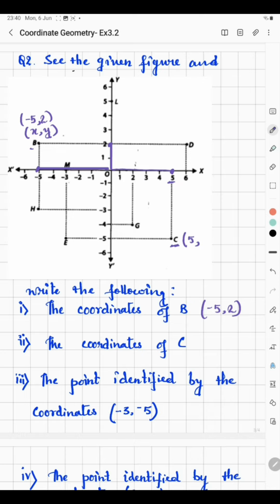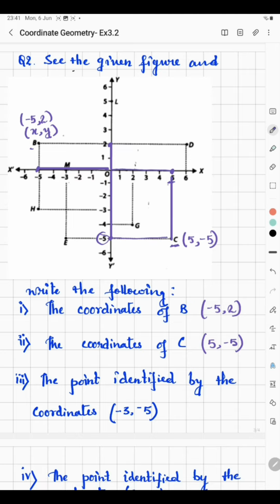Now we will see the value of y, so we'll go towards the y-axis. Here is -5 because this line and this line meet at point C. So at first we take the value of x, which is 5, and -5 is the value of the ordinate, or we can say the value of y. So it's 5, -5.